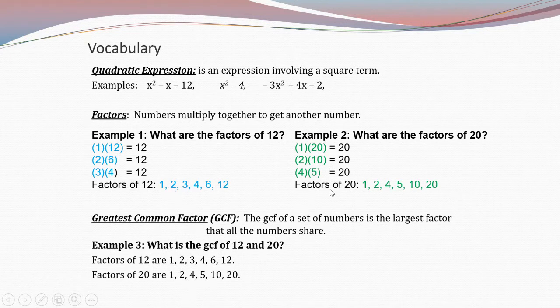And the factors of 20 were from example 2, which is 1, 2, 4, 5, 10, and 20. So what are all the numbers that they have in common or that they share? They have 1 in common, they have 2, they have 4. But what's the highest one or the greatest one? The answer is 4. That's what they mean by the greatest common factor. So the GCF of 12 and 20 is 4.